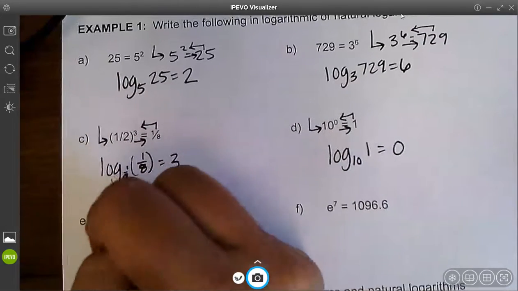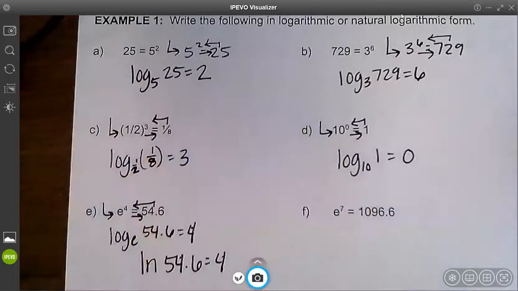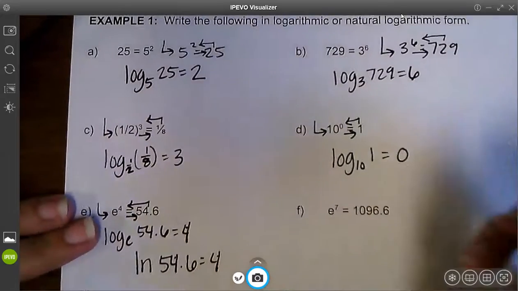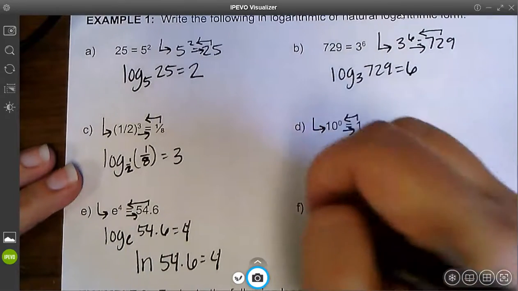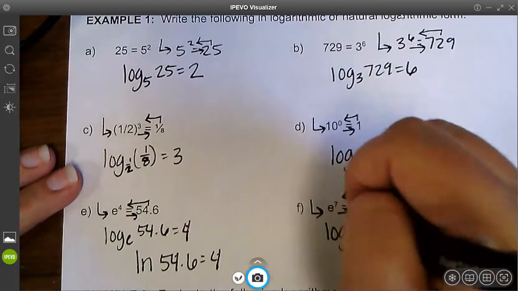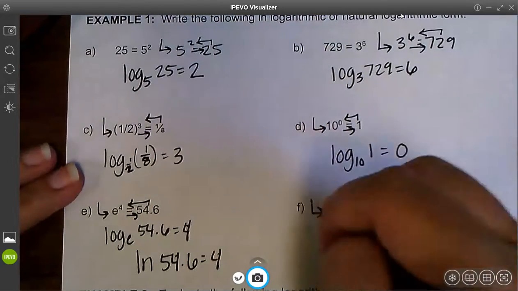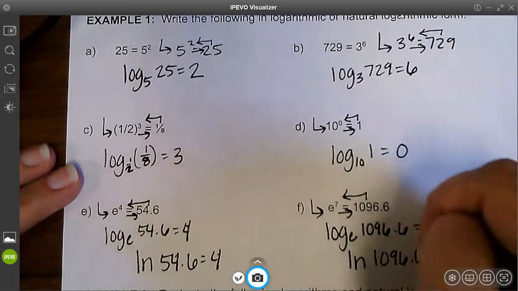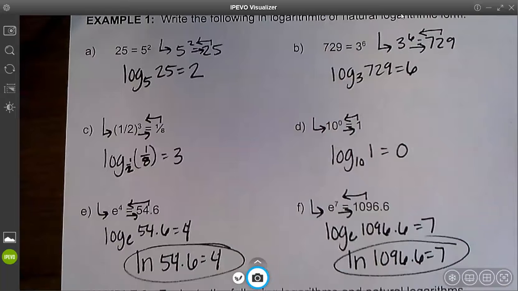Make sure you write the natural log of 54.6 equals 4. Here, same situation. Log base e of 1096.6 equals 7, or the natural log of 1096.6 equals 7. So that would be your answer, and that would be your answer.